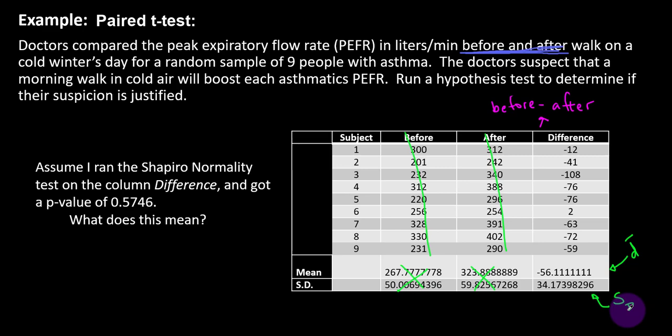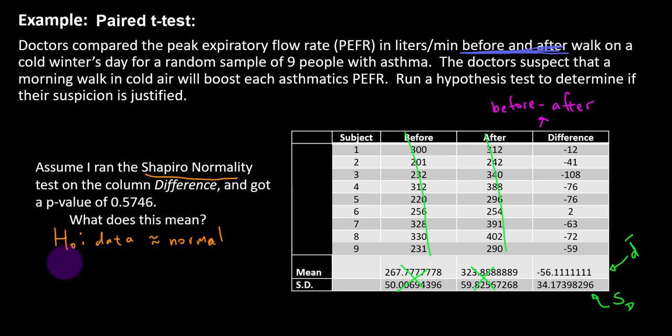Before we go crunching away and creating hypotheses, I have a question to ask you. Suppose we did a Shapiro normality test on the column of differences over here, and we got a p-value of 0.5746. What does this mean? Well, remember that the Shapiro normality test is its own little hypothesis test, in which the null hypothesis essentially is that the data is normal.